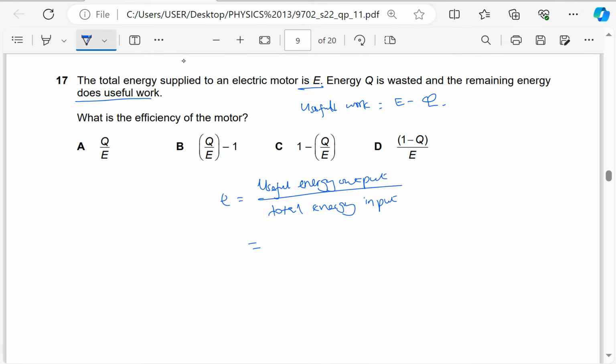So the useful energy output is going to be E minus Q over total energy input, which is E. When I divide, it will be E over E minus Q over E. Everything divided by E, which is 1 minus Q divided by E. So the answer is going to be automatically C.